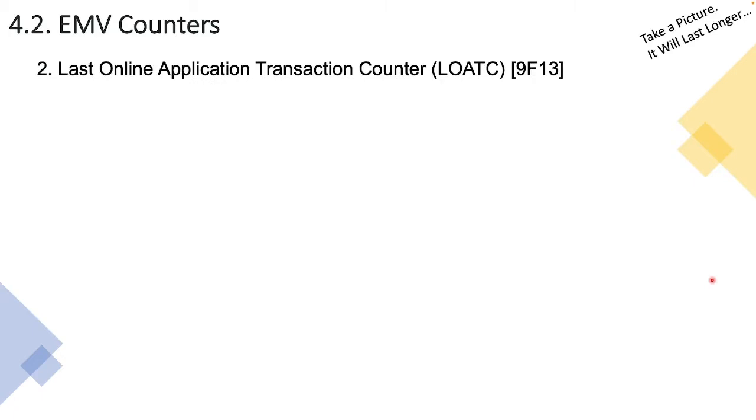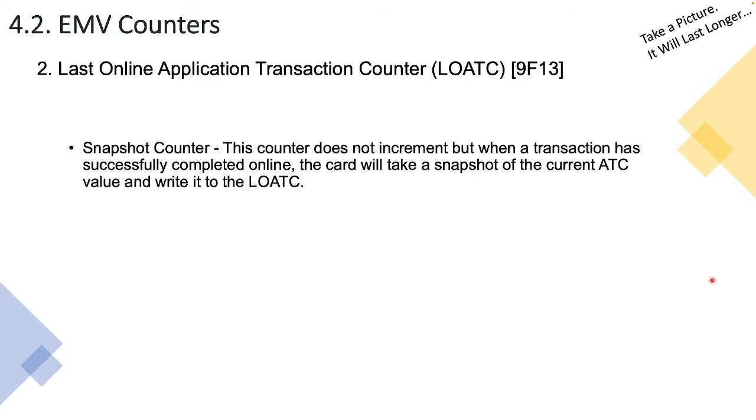Okay, let's move to the next counter, and this one is the last online application transaction counter. The acronym is LOATC, and the tag is 9F13. LOATC is a snapshot counter. This counter does not increment. Rather, when a transaction has successfully completed online, the card will take a snapshot of the current ATC value and write it to the LOATC.